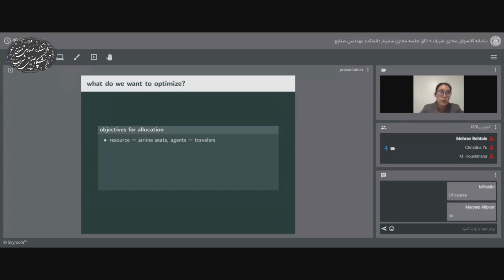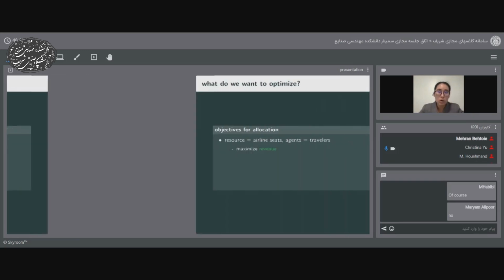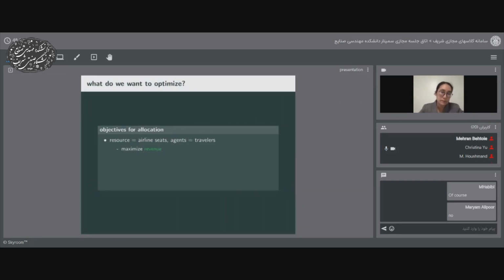When they arrive to your platform, you want to decide whether to allocate the resource to them or not. And you have a fixed budget on how many seats are on this flight. So this is also a setting of sequential allocation, but the goal is to maximize revenue here.